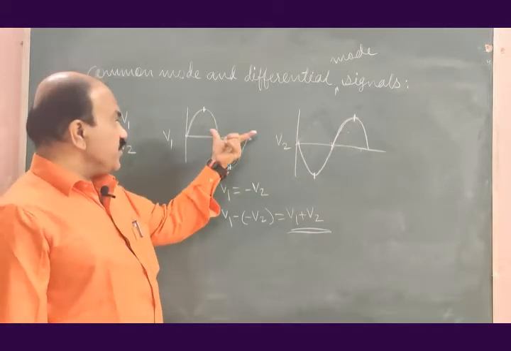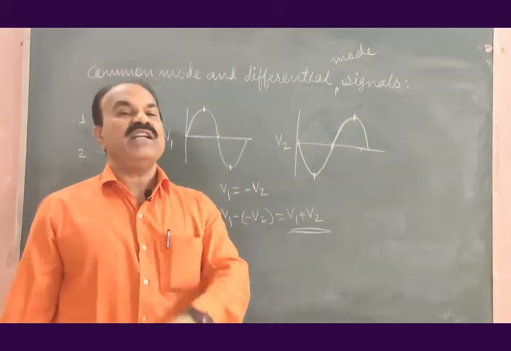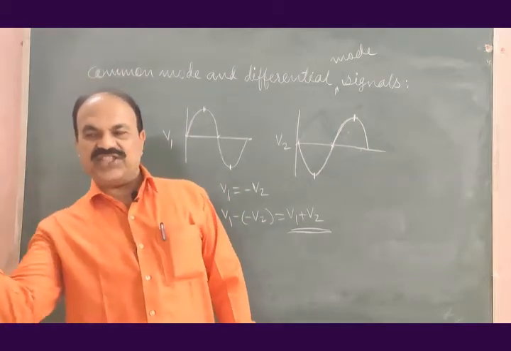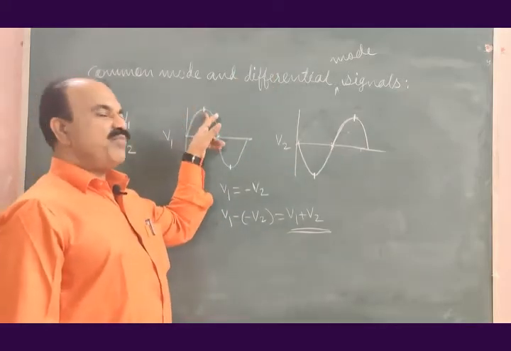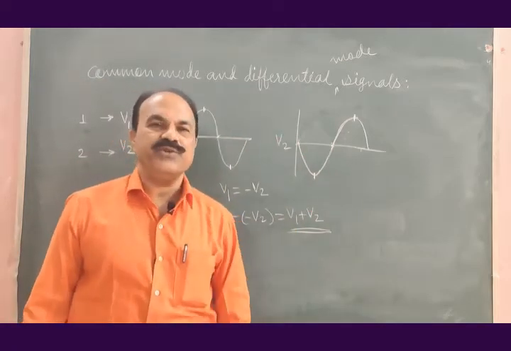Why? Because these two voltages are exactly out of phase by 180 degrees. If one is in this direction, the other will be in the opposite direction. If one is maximum positive, the other is maximum negative.